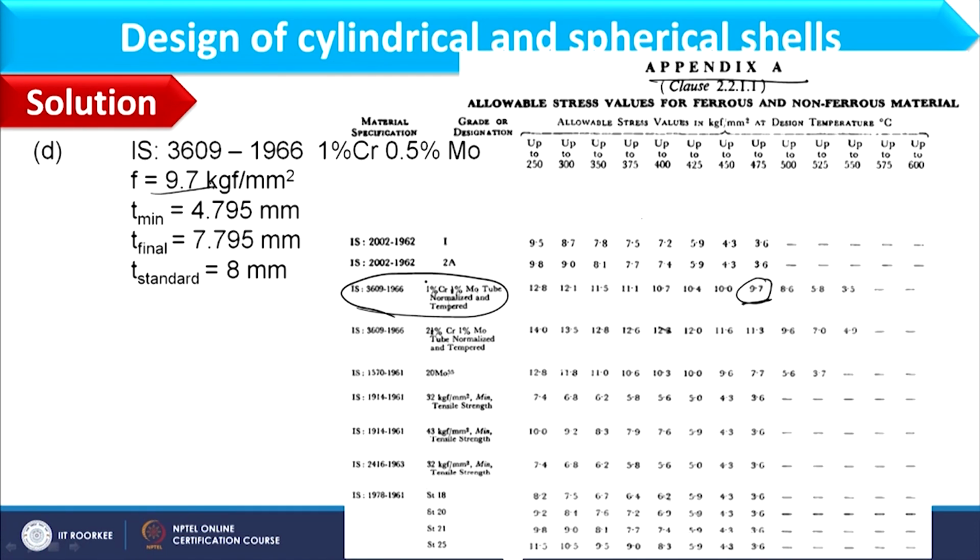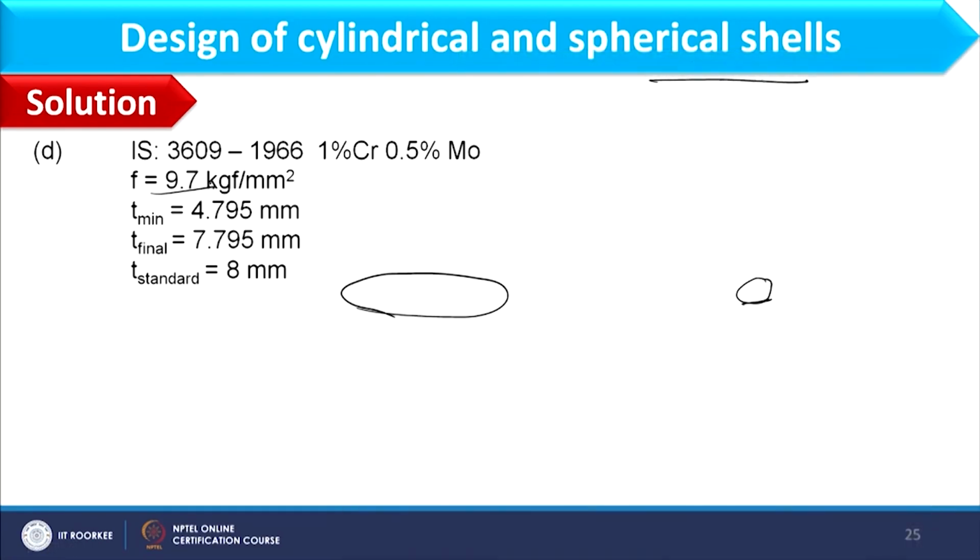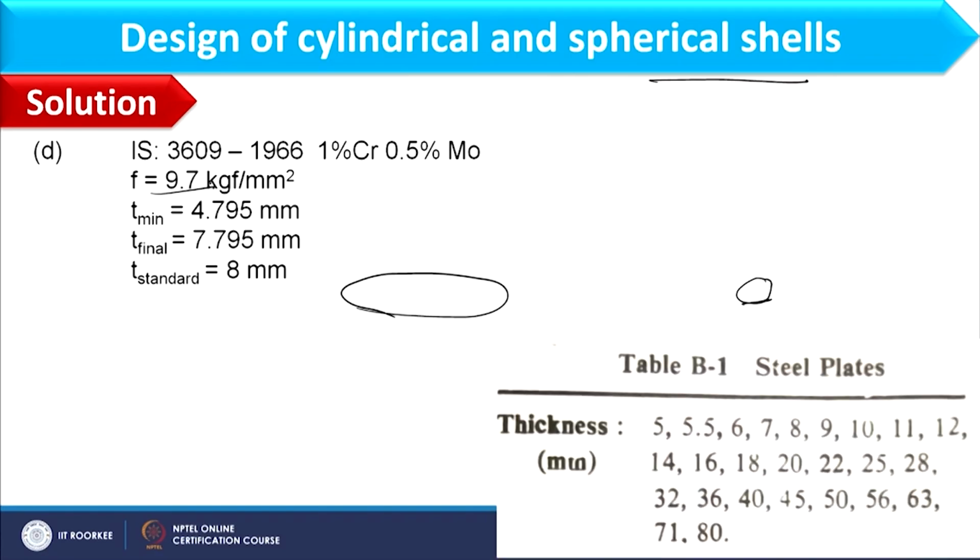So, considering this, we can compute the thickness for the material, and it is coming as 8 because 7.795 is the thickness after adding corrosion allowance, and the next value to this is 8 mm. In this way we have computed all thickness of 4 materials.